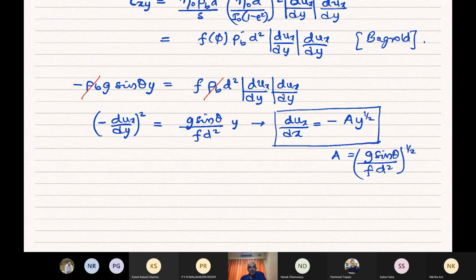So here we have a very simple equation. And you can see now, since a is a positive quantity, obviously square root of y is positive, so dux by dy is negative.